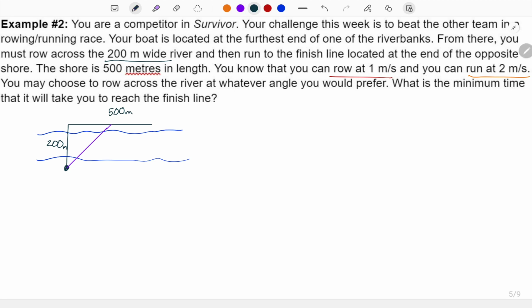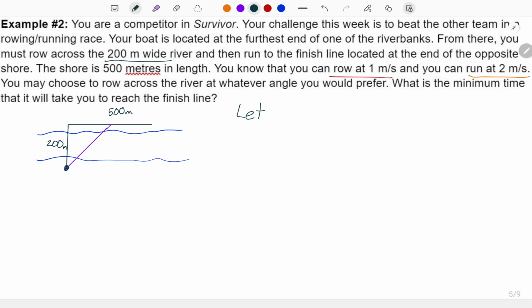So let's figure out how to set this up. What we're going to do is figure out a couple of variables. Well, really just one variable. We just want to know what distance we're going to run, let's say. So the distance we're going to run, we are going to represent with the variable r.